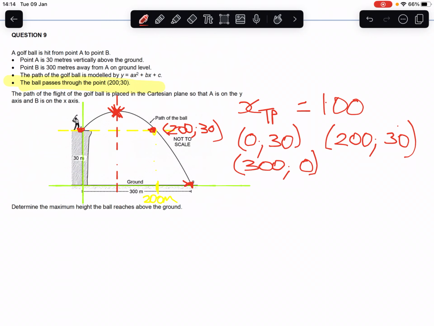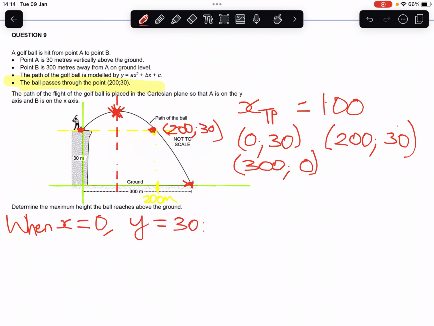Let's start with the nicest point, which is when x is 0. And it's nice because if we sub that point in, maybe let's do that here. When x is 0, y is equal to 30.